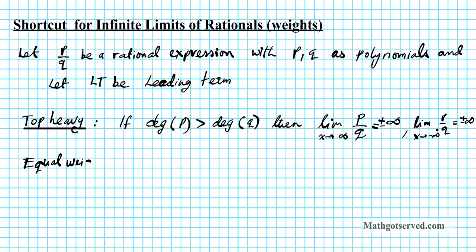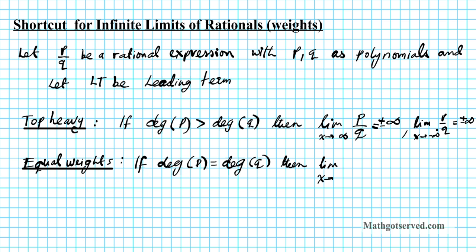All right, the next situation is equal weights. So what does equal weights mean? Well, equal weights basically means that the degree of the numerator and the denominator polynomial expressions are equal. So if the degree of the numerator p is equal to the degree of the denominator q, then the limit as x approaches plus or minus infinity of p over q is going to be the quotient of the leading terms.